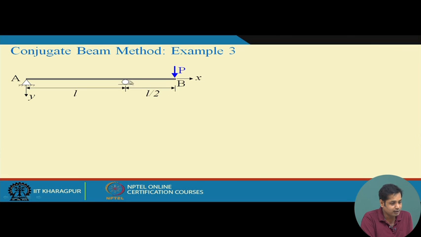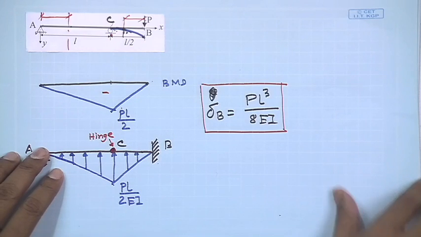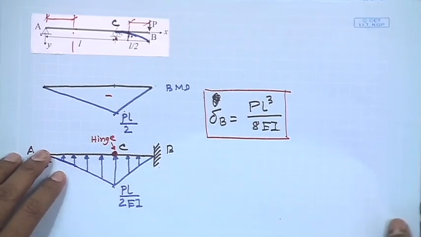Since this goes down, in order to maintain the continuity, this beam will deflect like this. So, this part will go down, and at this point the slope has to be continuous, and in order to maintain the continuity, this will go down. Okay. Now, this is the deflected shape. Again, for any problem, it is good to see the deflected shape as well.